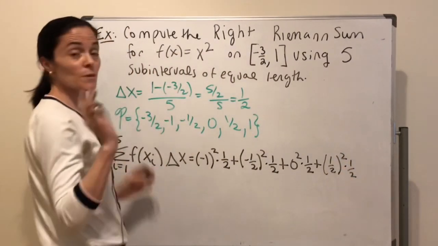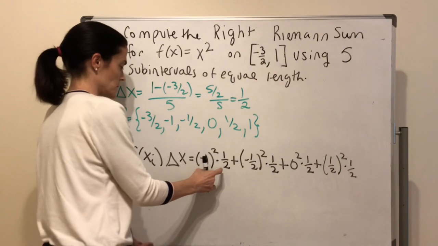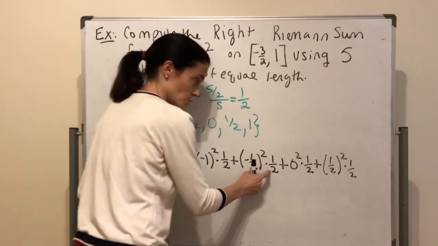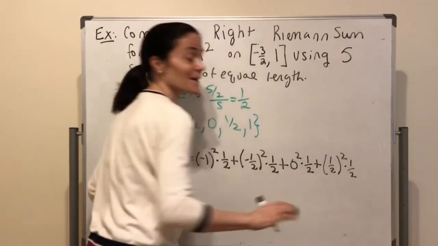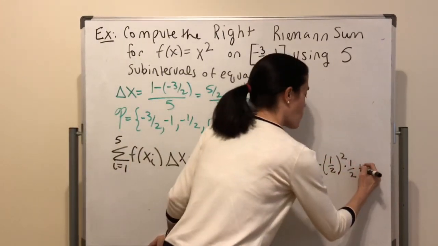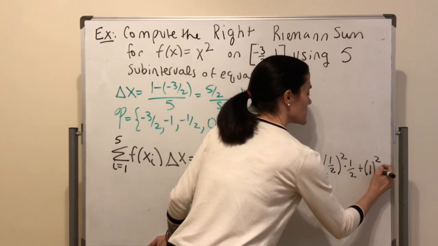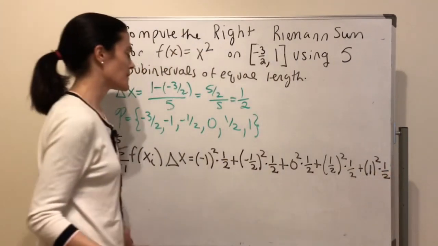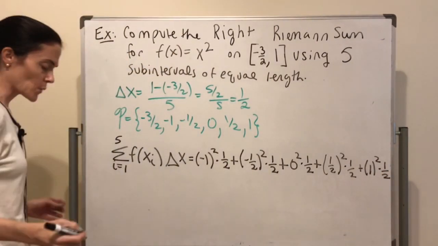And this, if you count, was i equals 1, 2, 3, 4. We have one more, and that's using 1, so 1 squared times delta x. Okay, this is our Riemann sum.